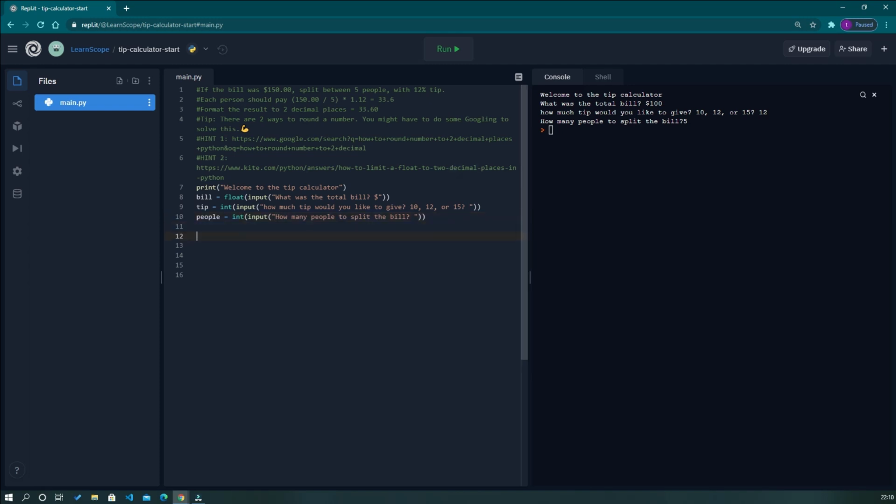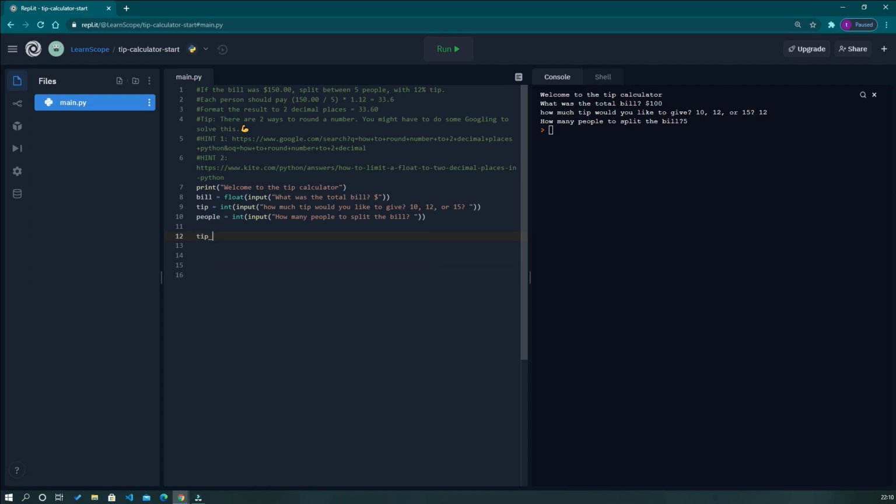Okay, so now I've captured all the inputs, so now it's time for the mathematical calculations. I can start with the tip. Let me convert that.